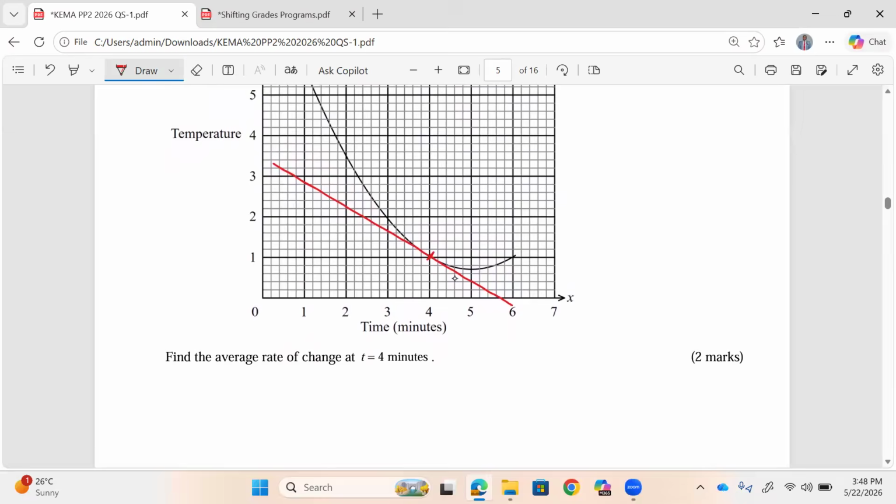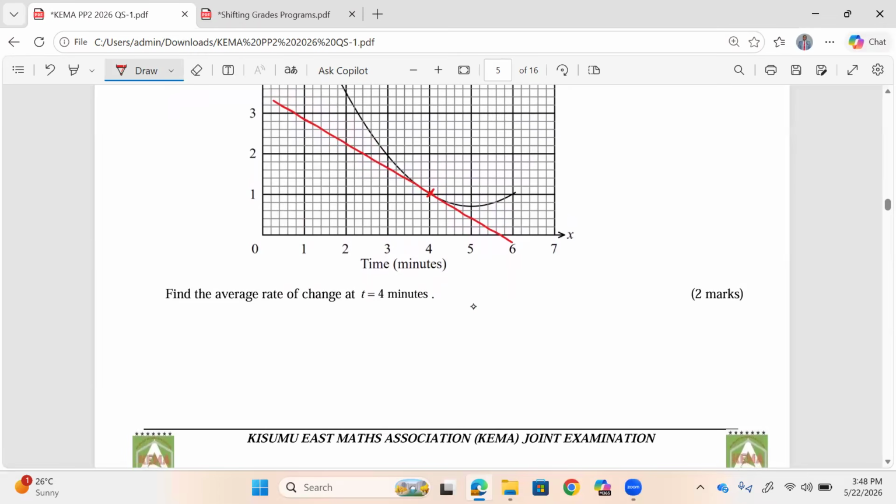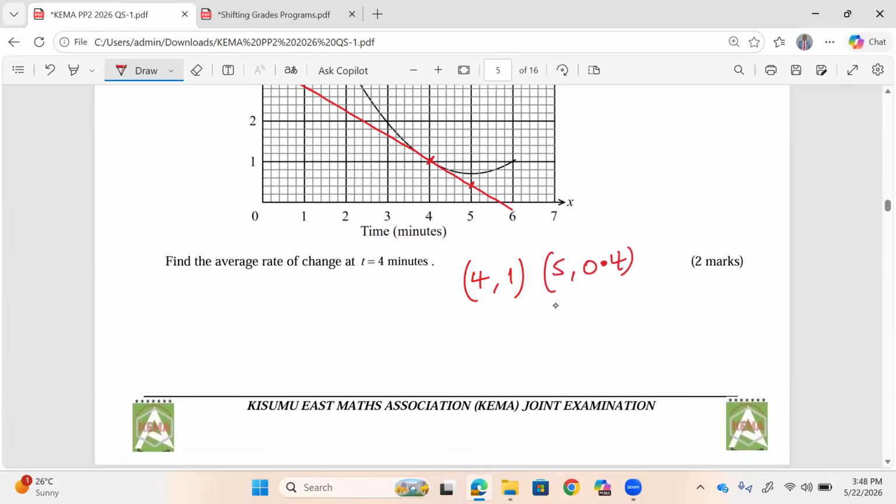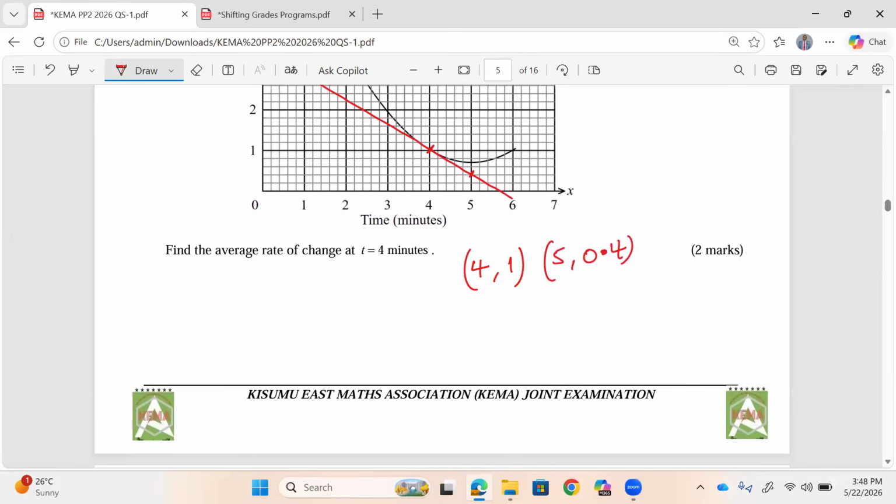Some points that lie strictly on the curve: we have (4, 1). Then here we have (5, 0.4). So gradient means change in y over change in x: 0.4 minus 1 out of 5 minus 4. What is 0.4 minus 1?